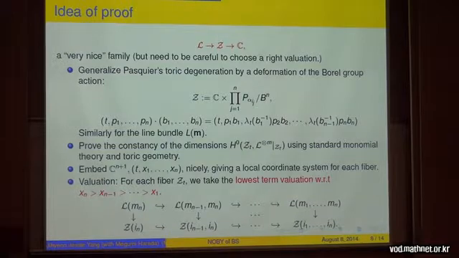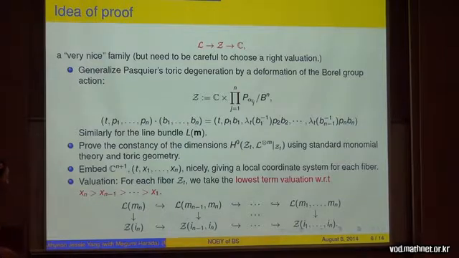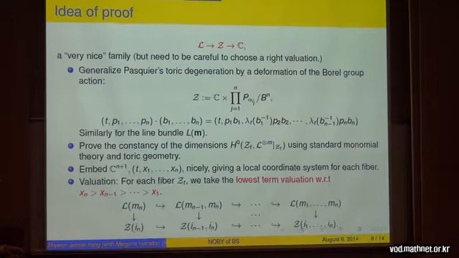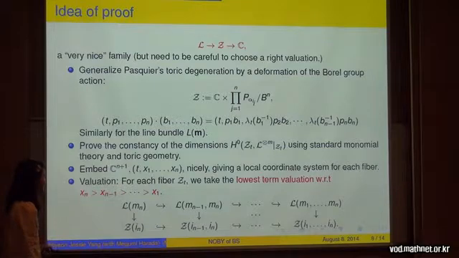So again, the dimension of these holomorphic sections is actually the number of values. So we want to show that, and there is a standard fact in algebraic geometry, the upper semi-continuity of the dimensions of this space of sections.